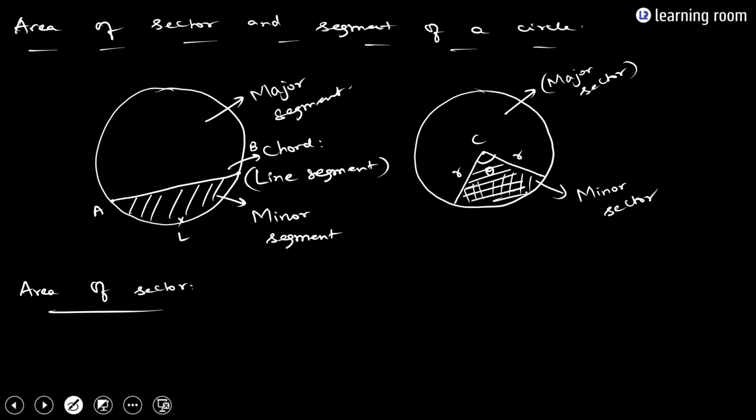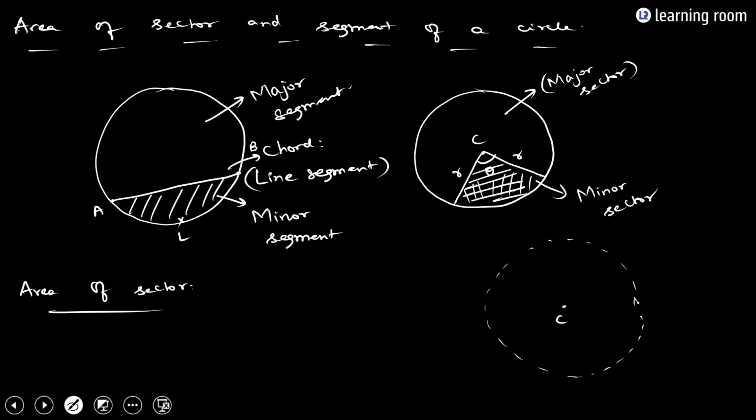Theta by 360 into pi r square. What is the logic behind that particular formula? It's very simple. The circle totally is 360 degrees, and in that theta is the part that we need. So we will just do area of the circle into theta by 360. That's right.